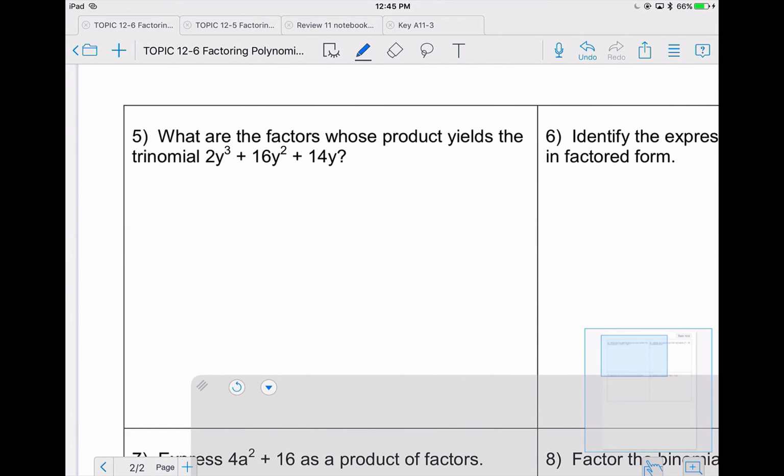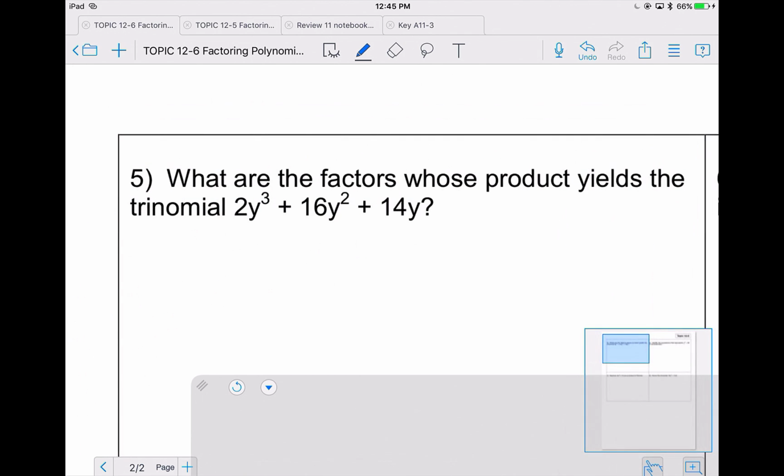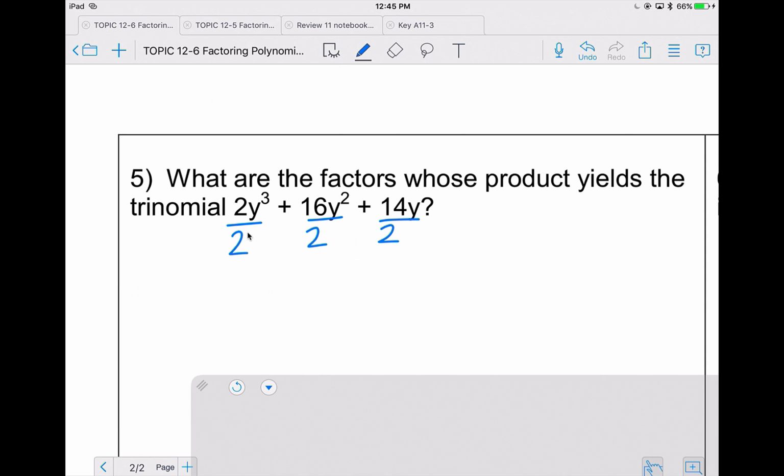So problem 5 starts out by asking us what are the factors whose product yields the trinomial 2y cubed plus 16y squared plus 14y. So I notice that all of these are even, so that means I'm going to be able to take a 2 out of all of them. Because I only have a 2, I can't take out more. And I also notice all of these have a y.